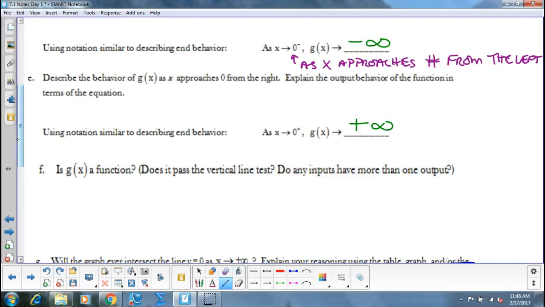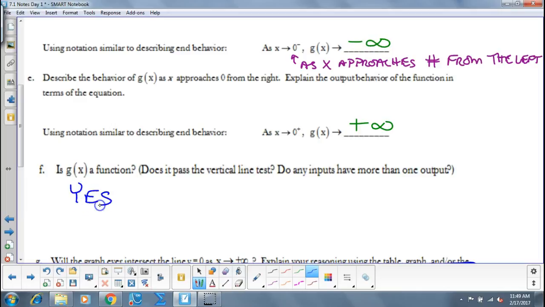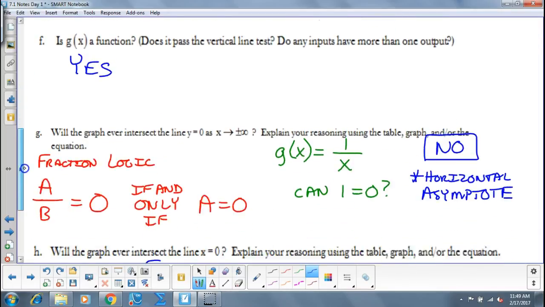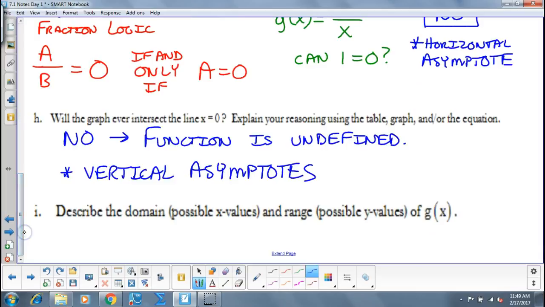Okay, you've got them both. Is g of x a function? Yeah, it's a function. It passes both tests. We're done. Oh, describe the domain.